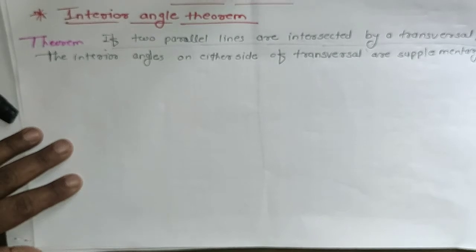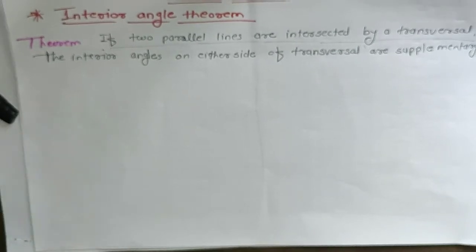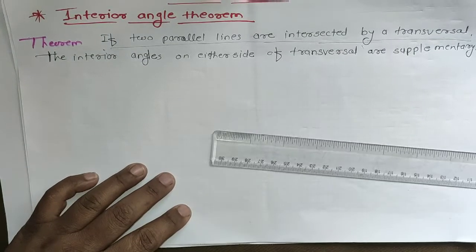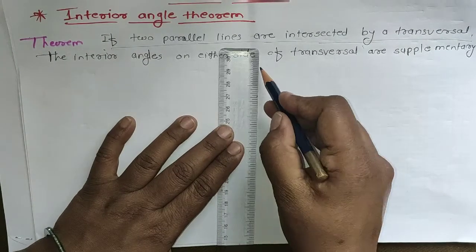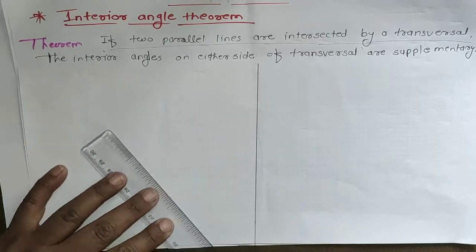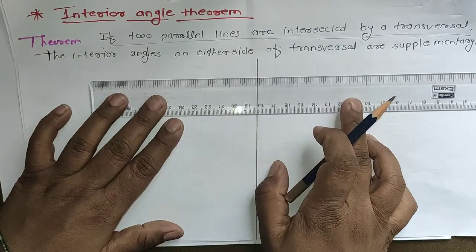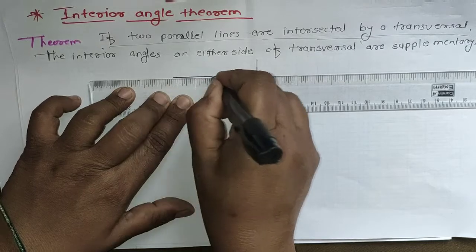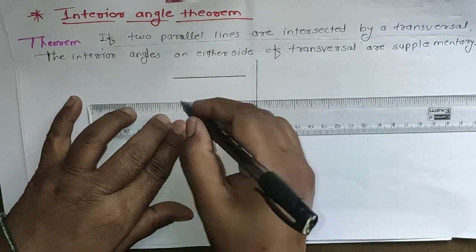So as per the information, first of all we will draw the figure. I am using a pen here so you can see it clearly; all of you should use a pencil for drawing this figure. First I will draw two lines which are parallel to each other.